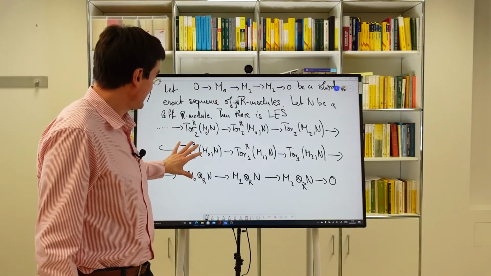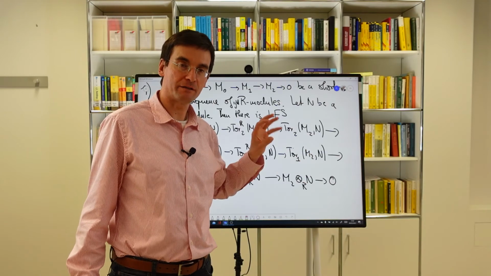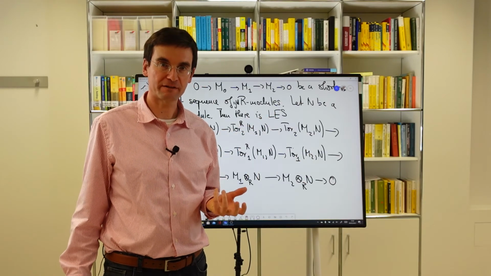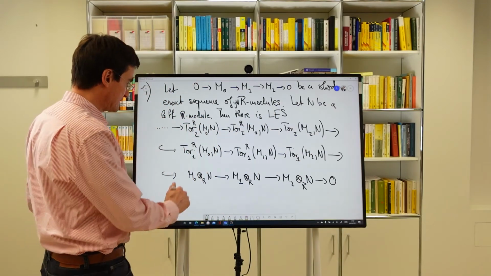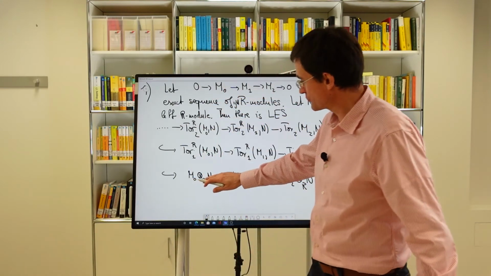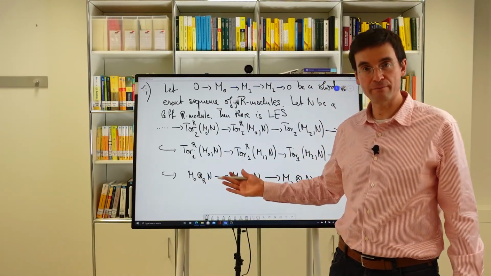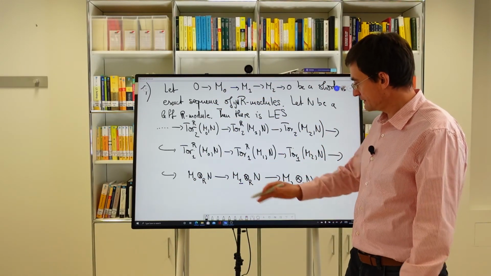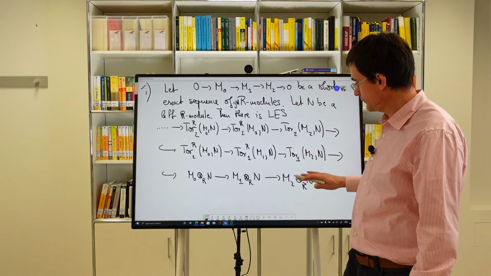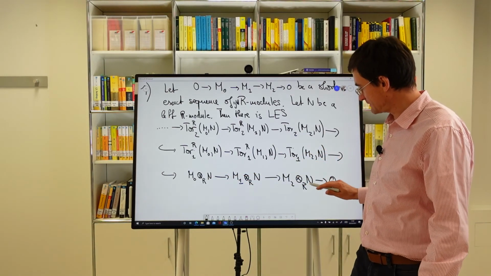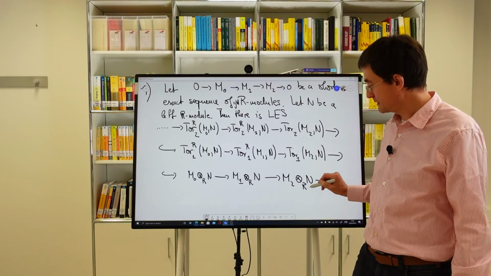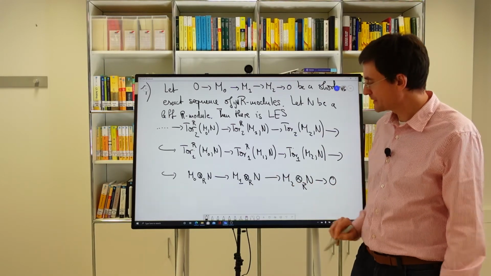Now this explains what I said before about repairing the defect of left exactness. Taking the tensor product with n in this short exact sequence, M0, M1, and M2, does give you at least a sequence which is exact on the right-hand side, so it will have a surjection. I mean, this will be a surjection.